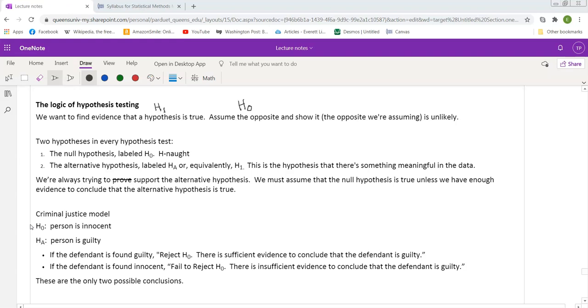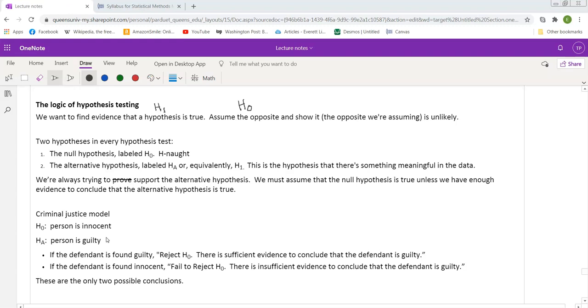If they're found not guilty, that just means we haven't found enough evidence to say that H0 is infeasible. Another way to say that is we fail to reject H0. Okay, that's the best way to say that. Fail to reject H0. And that tells us that there is not sufficient evidence to conclude that the person is guilty, or whatever other thing the alternative hypothesis says.